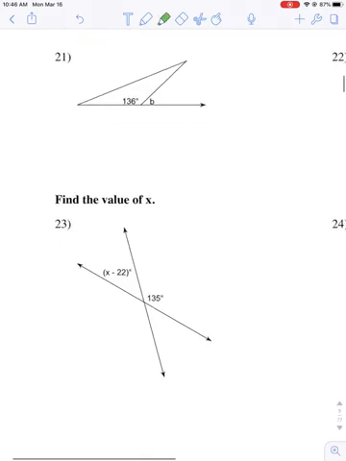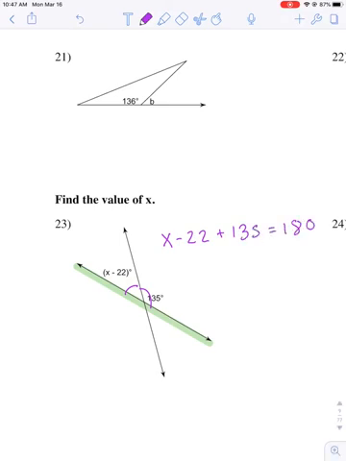The ones at the bottom, here's my straight angle. So that's supplementary. They add up to 180. This guy plus this guy add up to 180. So I have x minus 22 plus 135 equals 180. I want to start by combining like terms.